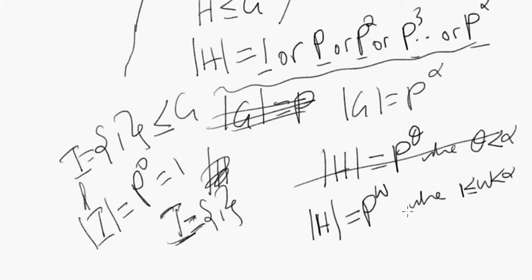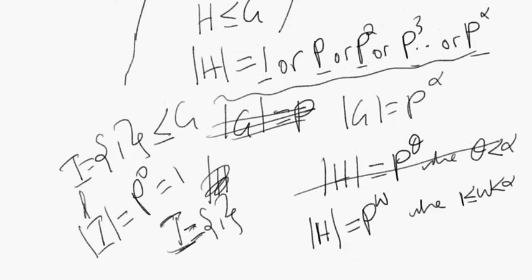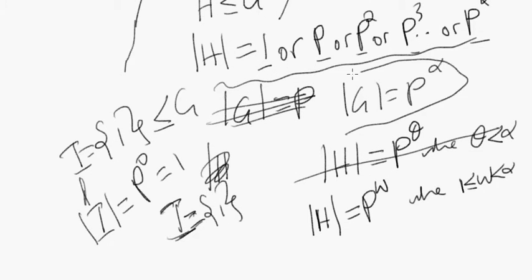Can we prove this instead? What are we saying here? That if a group has order p to the alpha, can we determine that there must be some subgroup whose order is p raised to some non-zero power, but that's less than p to the alpha?